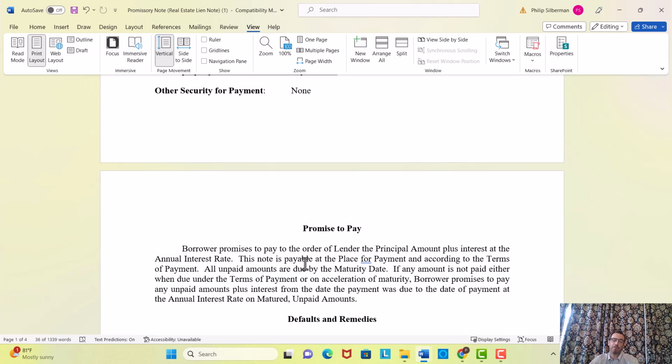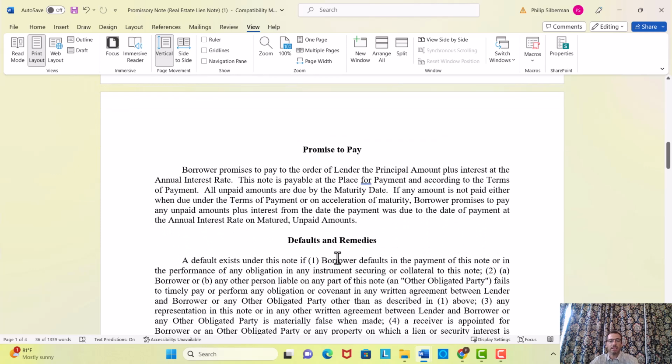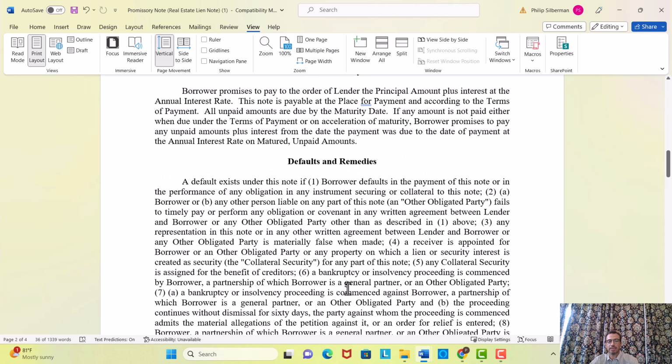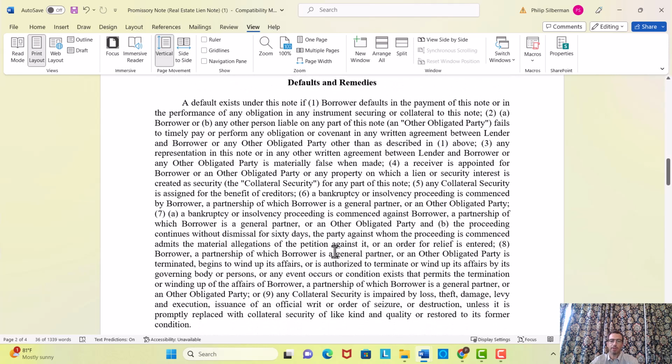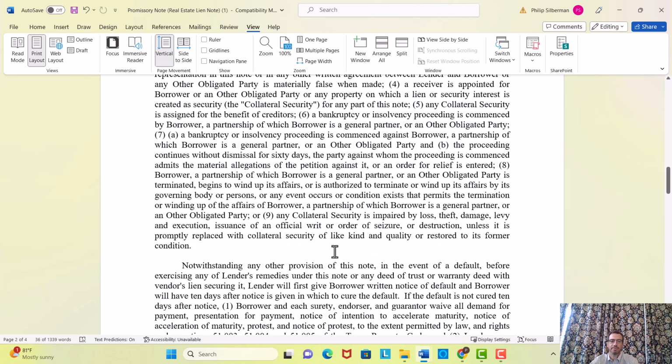If you're going to have a more complex legal document where the lender may be making some promises, then you're going to want to add a loan agreement to it as well. Defaults and remedies. This section lists what happens if a default exists. Usually there's an acceleration, and there's a foreclosure process that goes on.